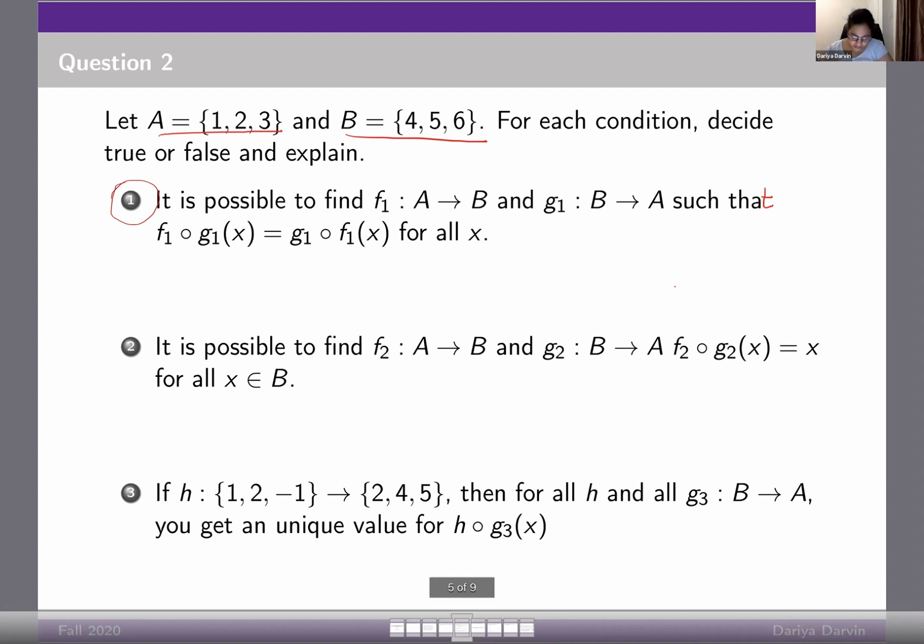Okay, awesome. So we have an idea. Let g be f inverse. So you want to say f of f inverse of x equals f inverse of f of x. Let's plug in a value for this.